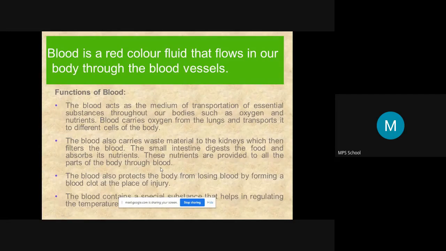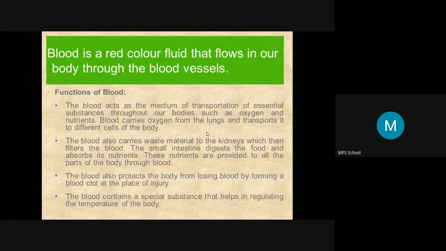And blood also carries the waste material, as shown in the previous slide. Blood carries the waste materials to the kidney, and the kidney will excrete the waste material. The small intestine digests the food and absorbs its nutrients. These nutrients will provide the energy to the other parts of the body with the help of the blood.